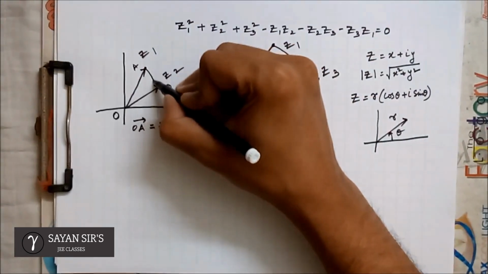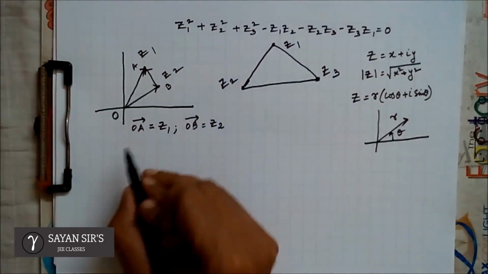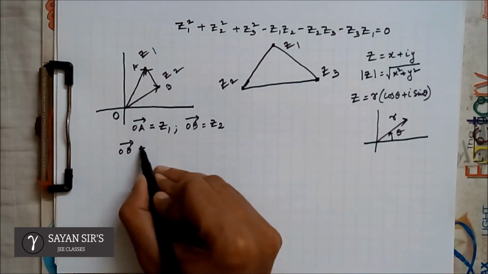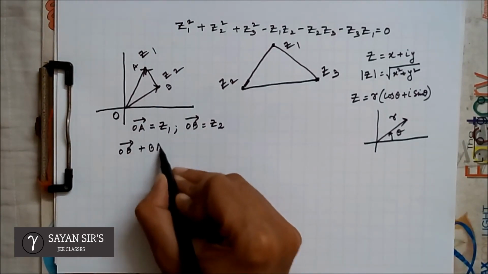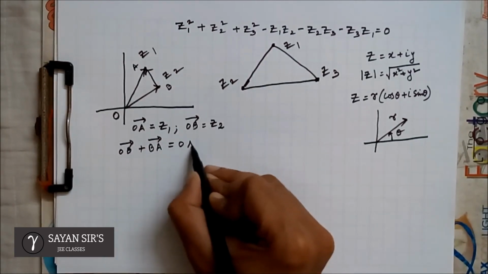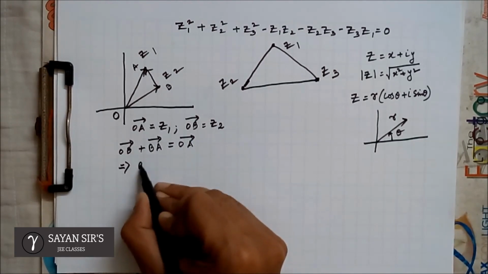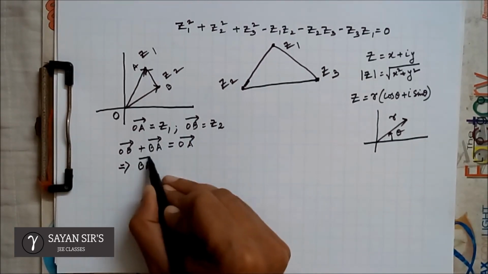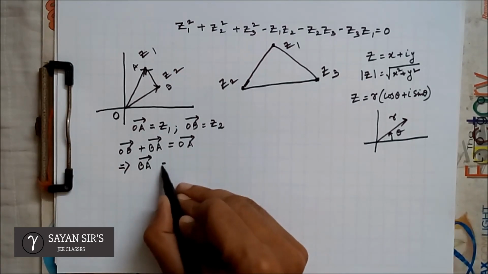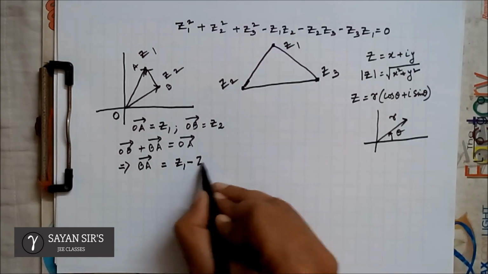So if I make the vector BA, by triangle law I can say that OB plus BA equals OA, and hence the vector BA is represented by the vector OA minus the vector OB. So BA is represented by the complex number z1 minus z2.